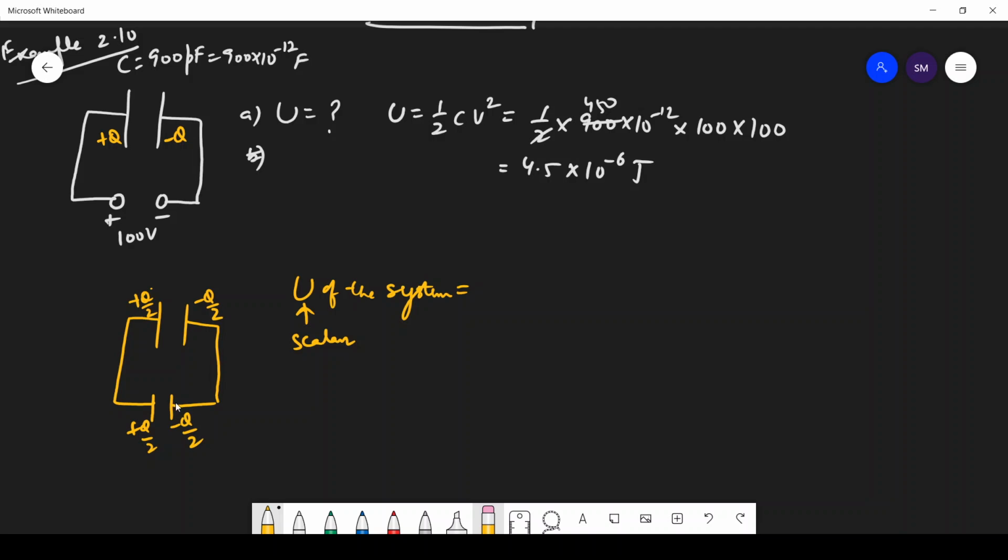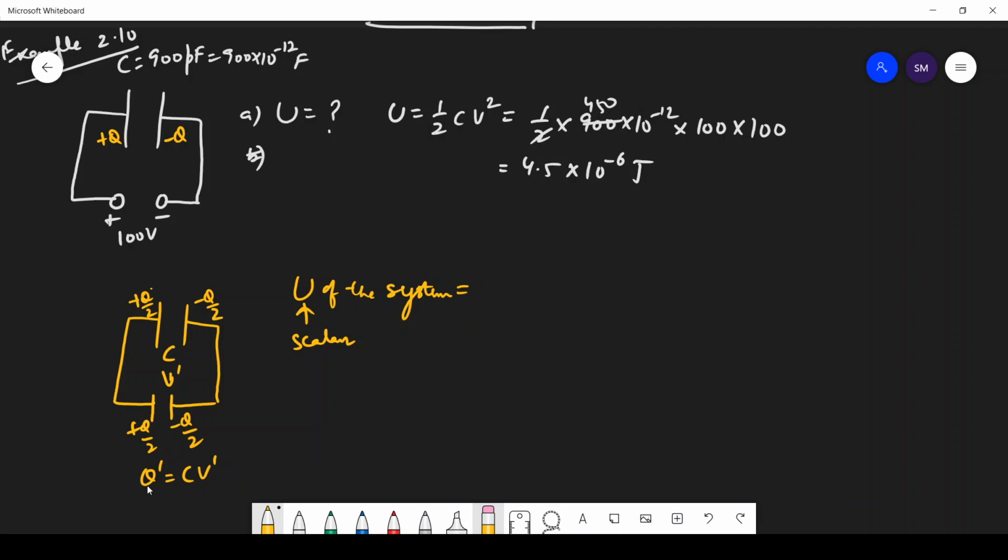So obviously if you join these plates, this charge will be equally divided, and as they are connected in parallel, they will have the same potential. So capacitance is the same for both of them, and the potential difference, let it be V dash, which is the same for both of them as they are connected in parallel. And what will be the charge on each plate? So charge is Q dash, that is equal to CV. So charge here is CV dash.